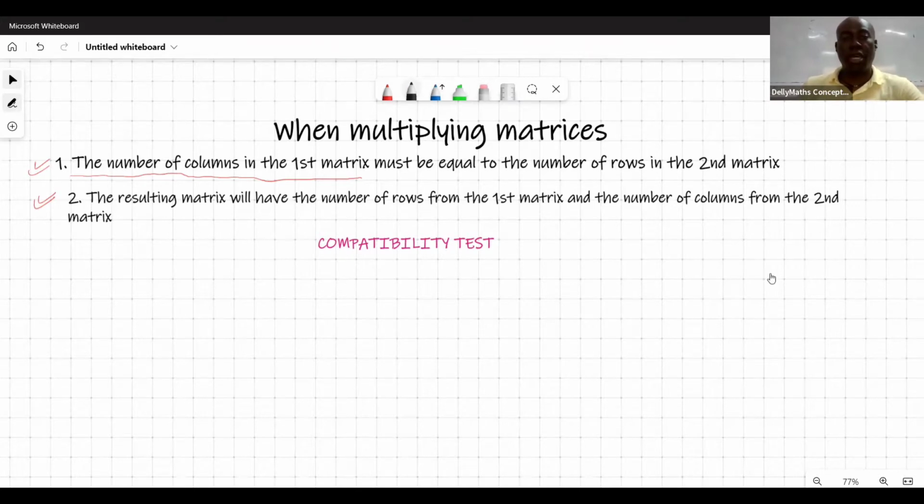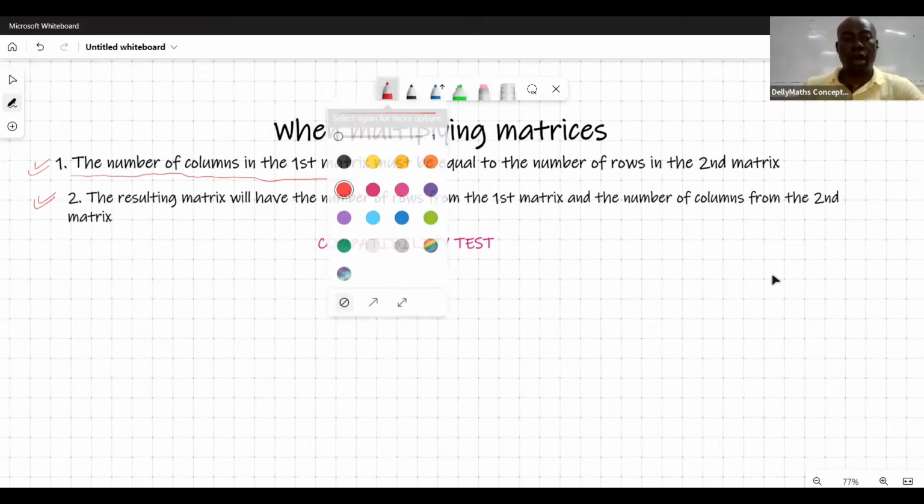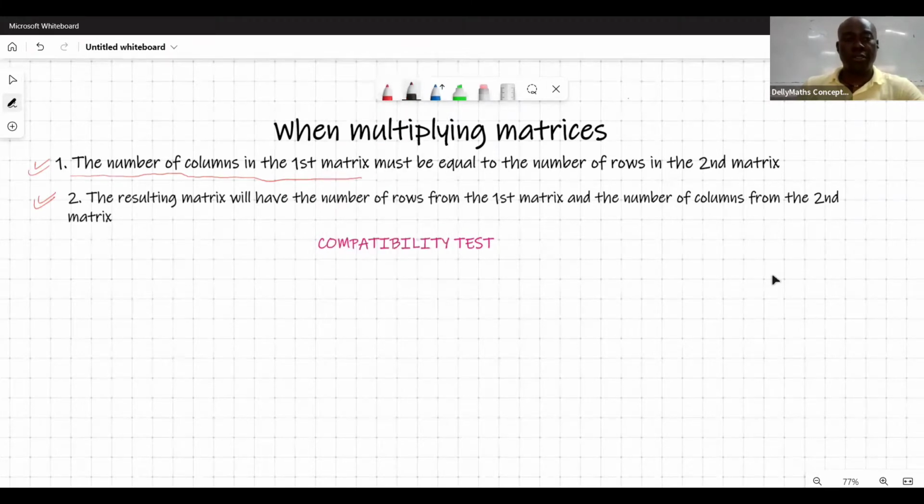That is something we have to take note of when multiplying matrices. Also, it says the resulting matrix will have the number of rows from the first matrix and the number of columns from the second matrix. What are those two things actually saying? We're talking about compatibility testing to see if things can be multiplied.